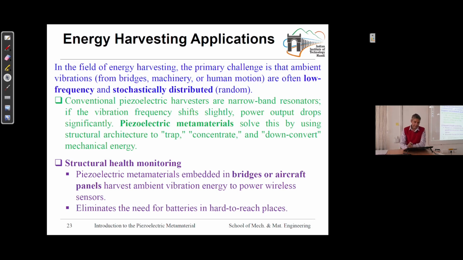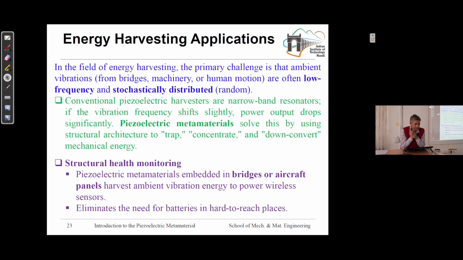Energy harvesting applications of the piezoelectric. In the field of energy harvesting, the primary challenge is that ambient vibrations are often low frequency and randomly distributed. Traditional piezoelectric materials have this problem because they do not behave properly at low vibrations, and again these vibrations are random.